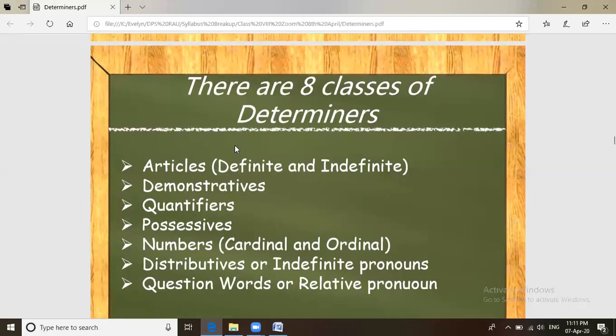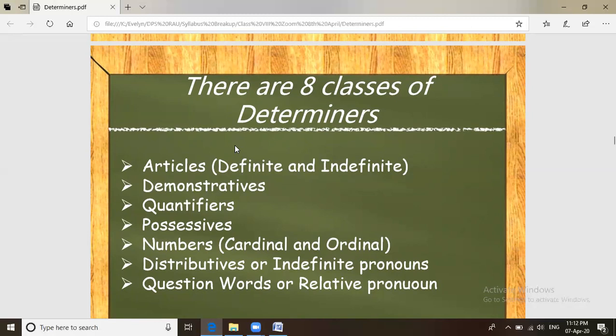Now different grammarians have divided determiners into different groups; some have divided the determiners into 6 groups, some into 8 groups. But whichever grammar book you follow and whatever the classification is, it's more or less the same. There may be a slight difference, but that will never obstruct your understanding of determiners.